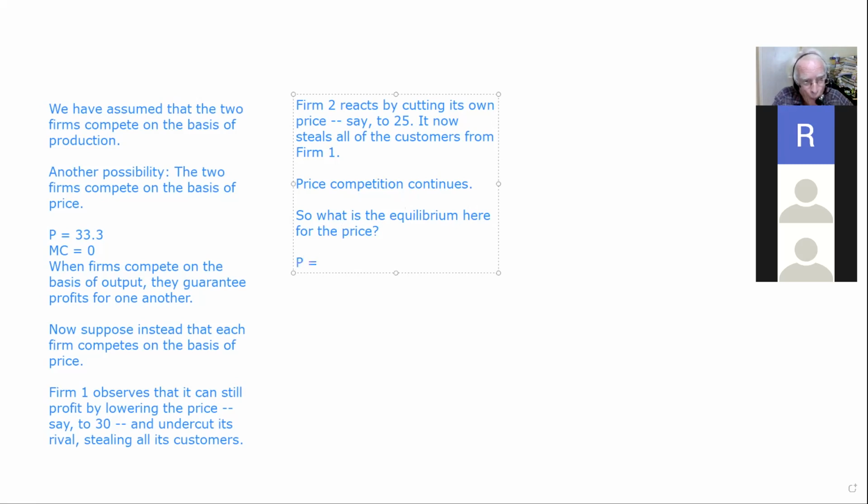Of course, both firms continue to undercut until they reach the point at which another price cut would be unprofitable. In other words, they go to the point where price equals marginal cost, in this case, zero.